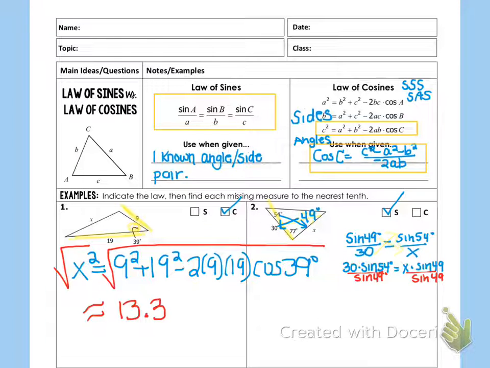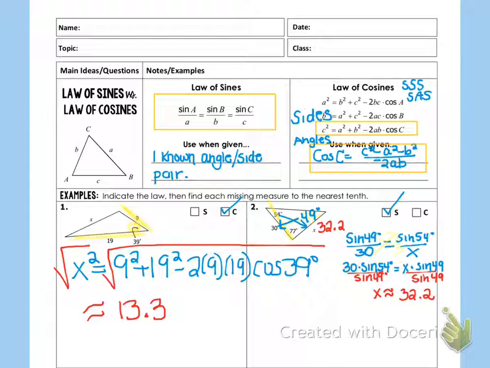See what we get. And I got approximately 32.2 for that missing side. And again, looking at the other given side of 30, that is across from a 49 degree angle, that's right in line, because 32 being across from a 54 degree angle makes complete sense.